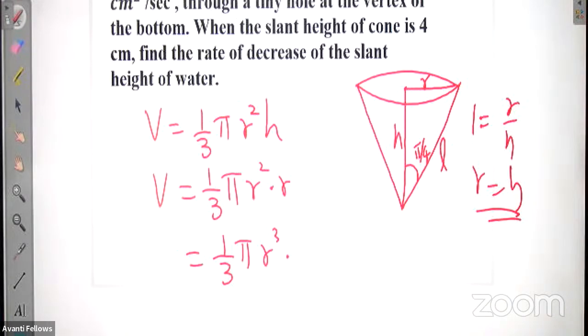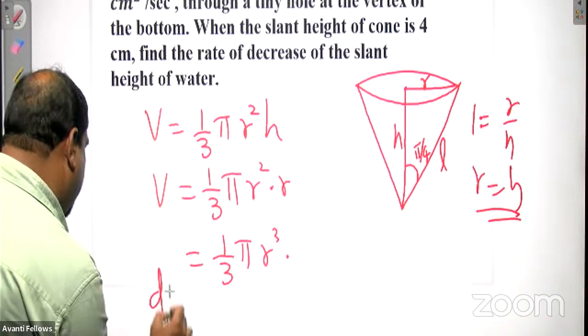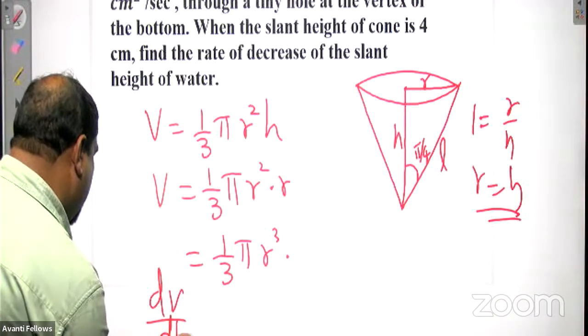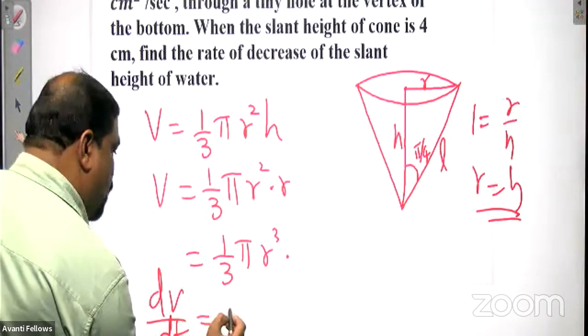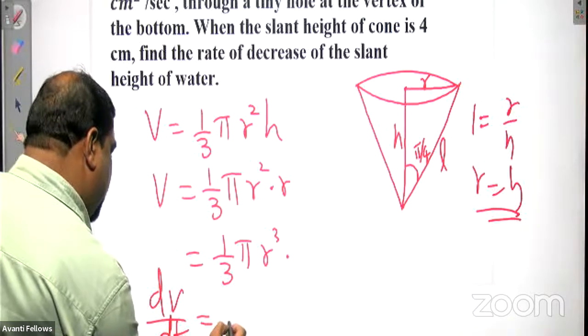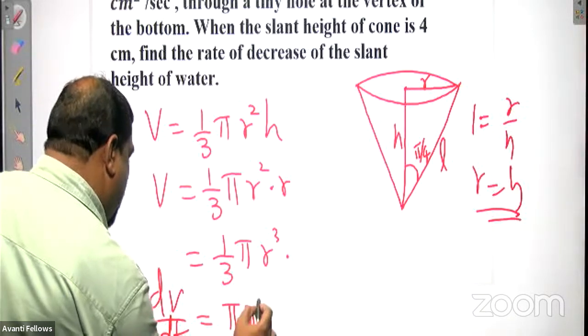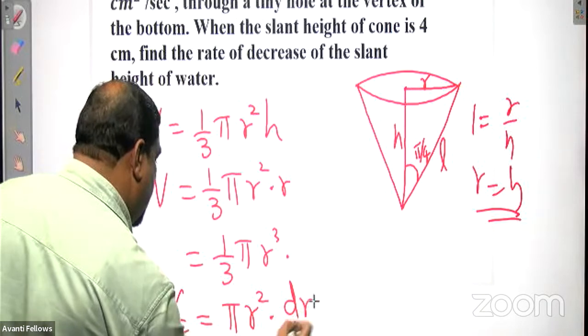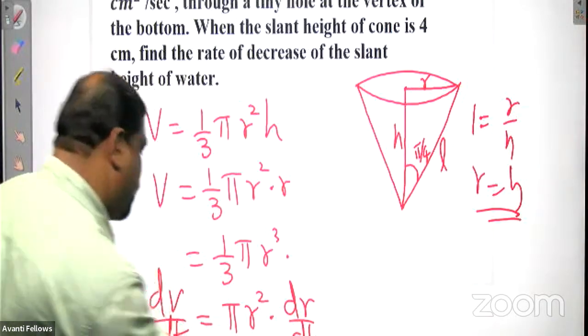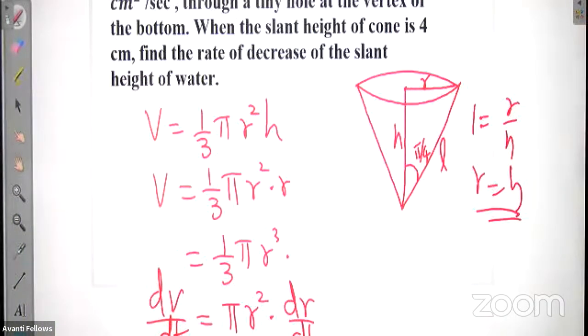So what is dV by dt? dV by dt is equal to 1 by 3 pi into 3 r square, that means pi r square into dr by dt.